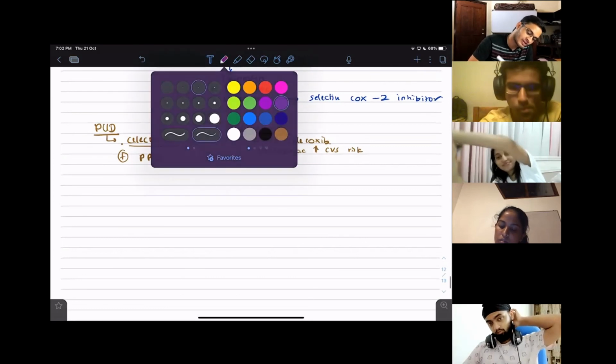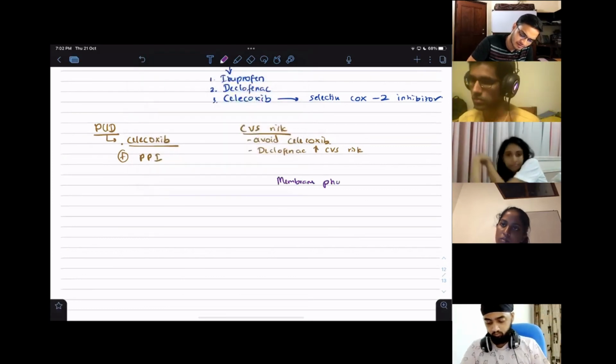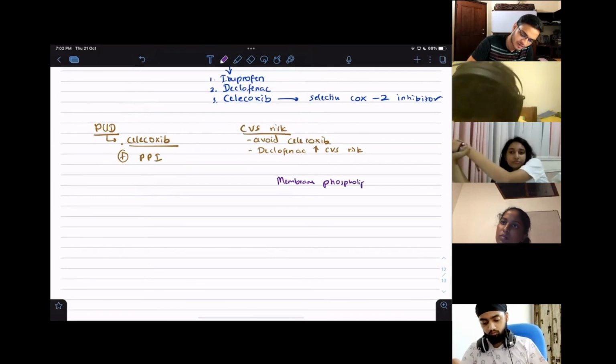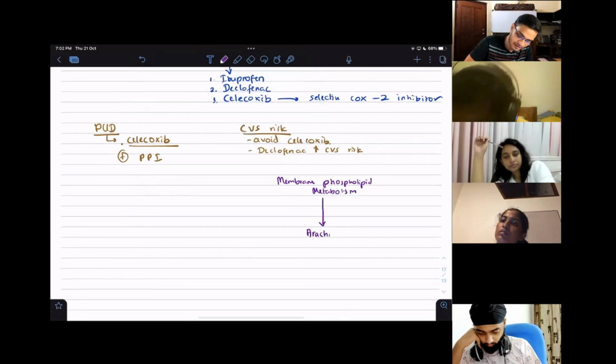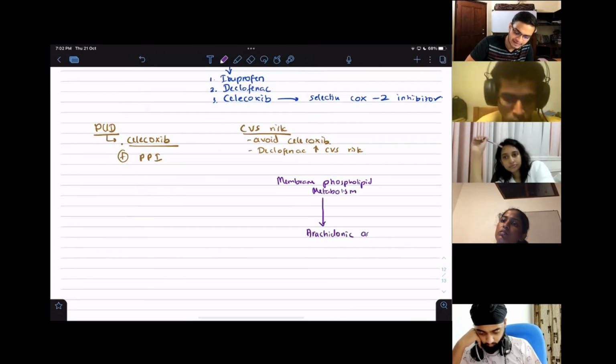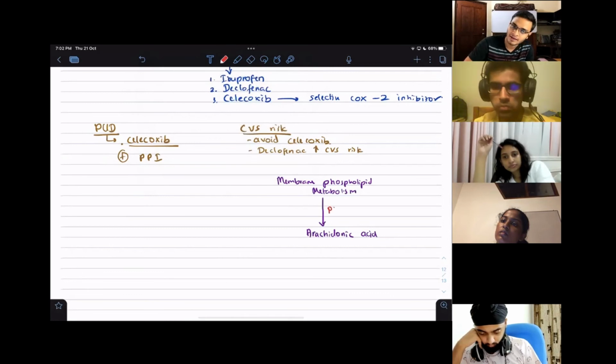Okay, look at this, guys. There is membrane phospholipid metabolism occurring. This is done, guys, with the help of an enzyme, and this produces arachidonic acid. What is this enzyme here? Anyone?